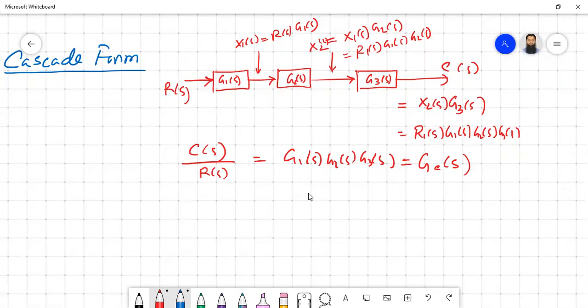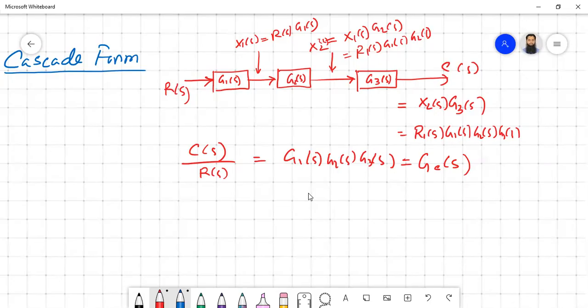But we have to keep one thing in mind, that the interconnected systems should not be loading the adjacent subsystem. So what does it mean? If one of the blocks is loading the next block, then this multiplication form is not valid.